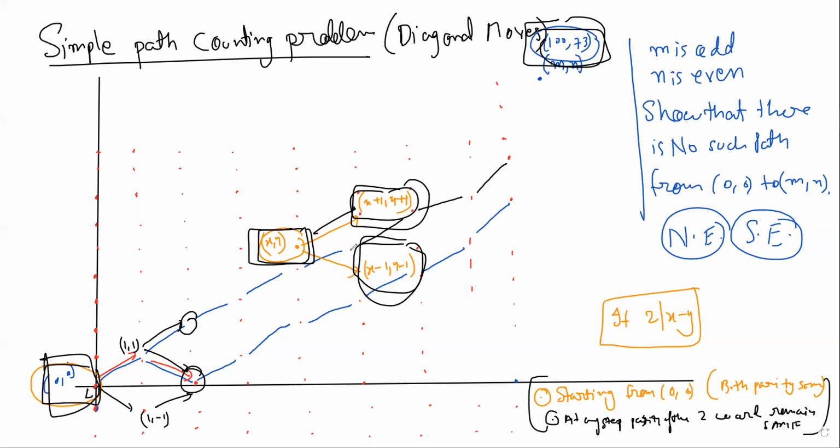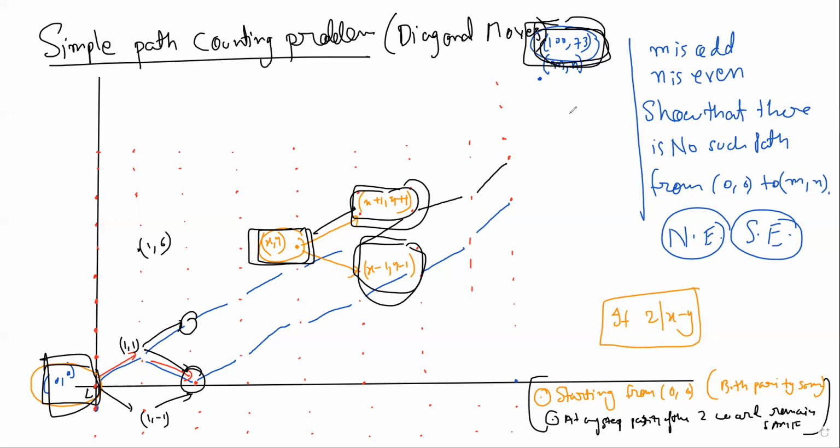It is never true that you can reach anywhere where m and n have different parity. So by the same reasoning, if I start with, let's say, (1, 6), then wherever you reach starting from (1, 6), the two coordinates will always have different parity.